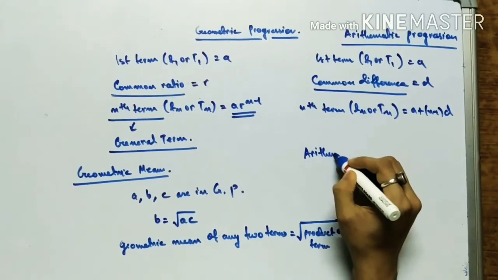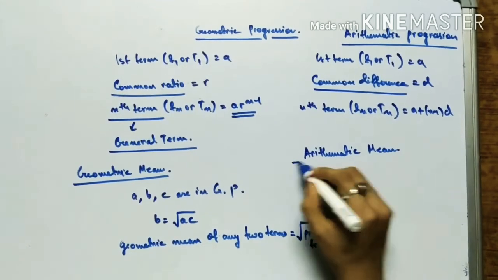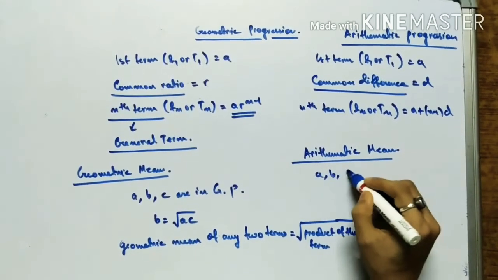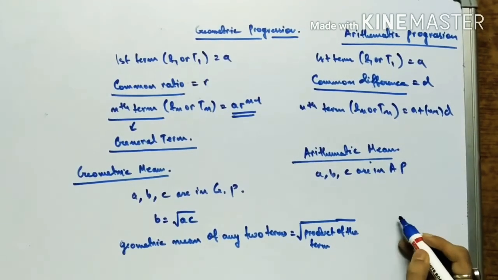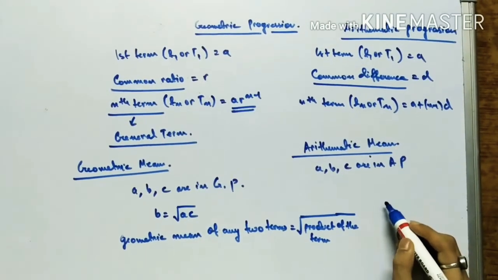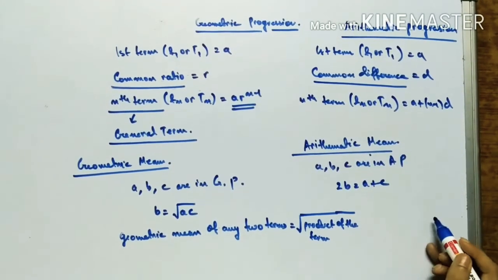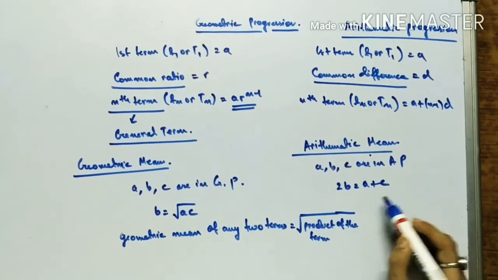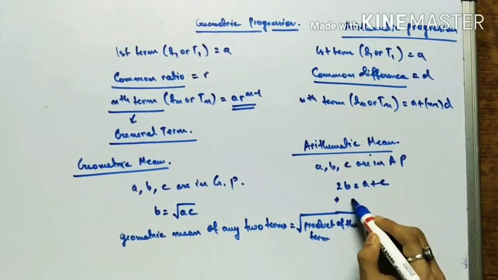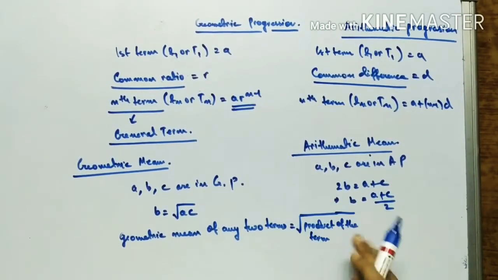And arithmetic mean, you see the difference. If A, B, C are in arithmetic progression, then what can I say? Twice B is equal to A plus C, then B is equal to A plus C by 2.